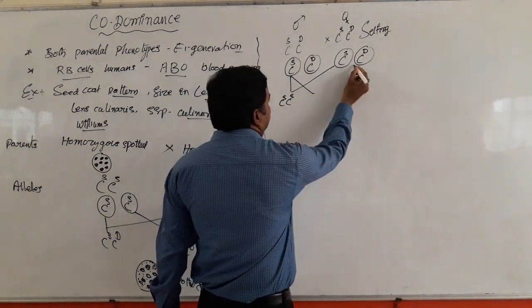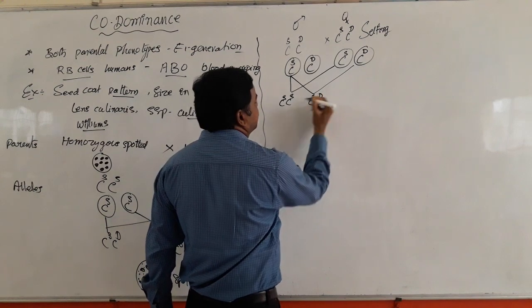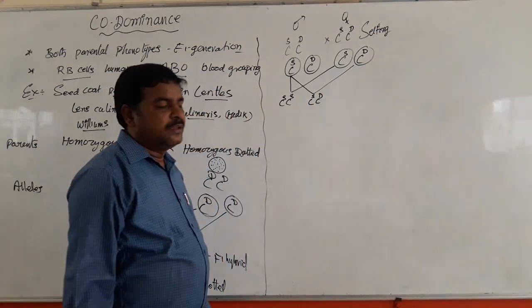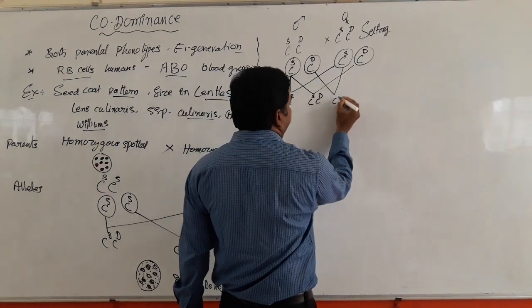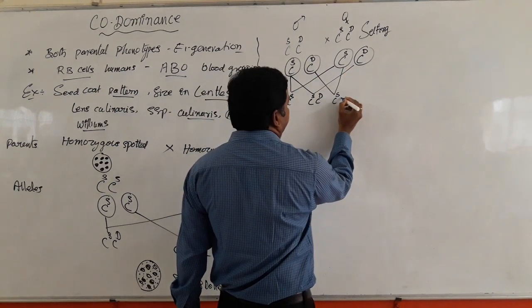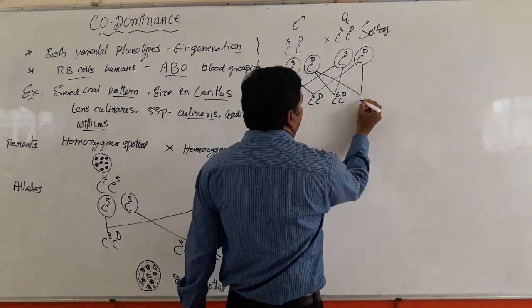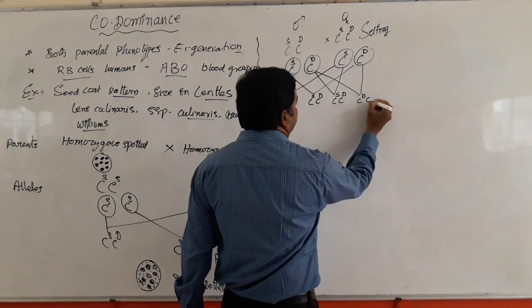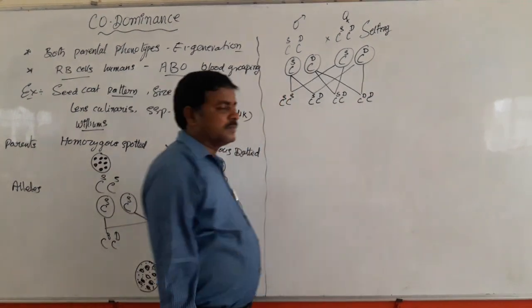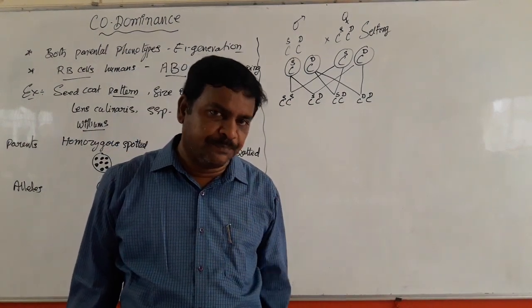This gamete also has 50% chance to fertilize with CD, forming CS CD, and CD with CD. In this way, a total of 4 plants are formed in the F2 progeny.